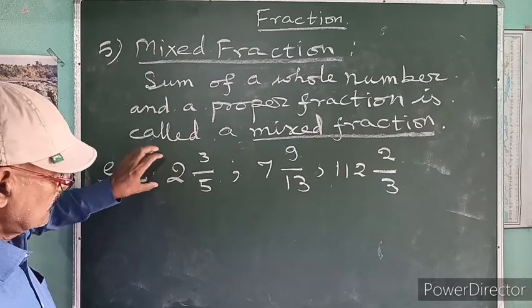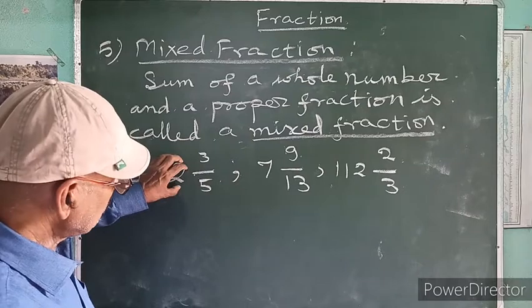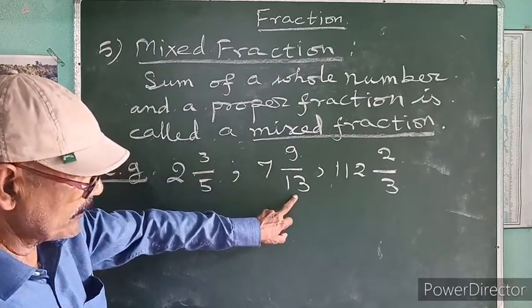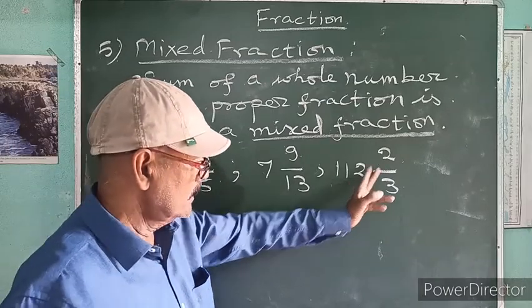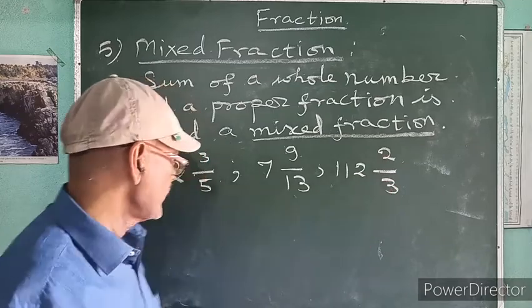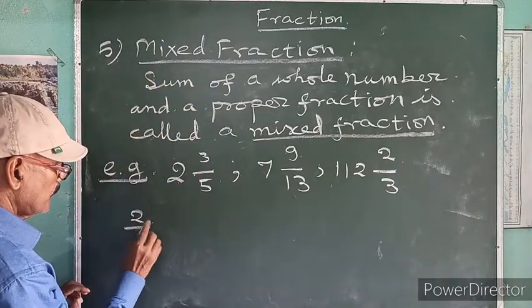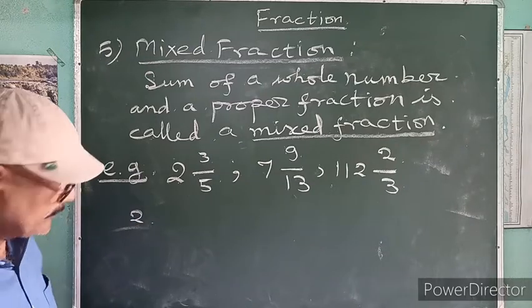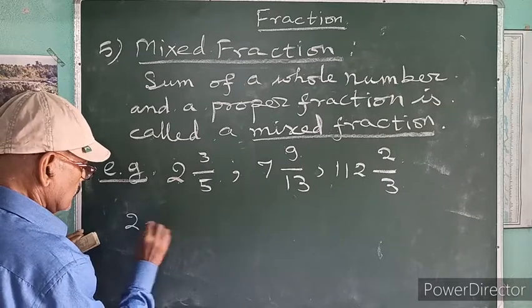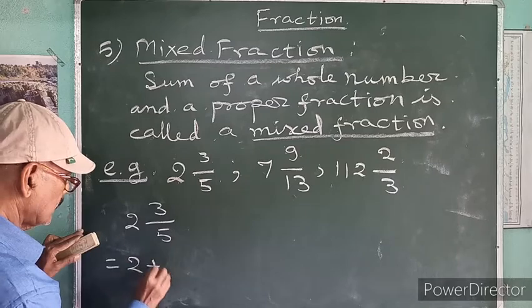So you see, these are the sum of a whole number and a proper fraction. 2 whole 3 by 5 is 2 plus 3 by 5.